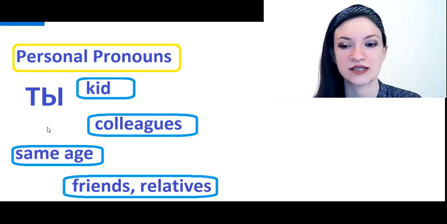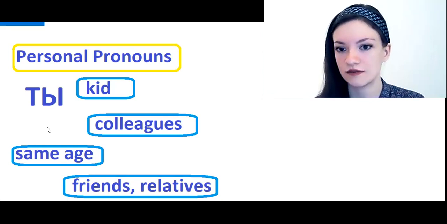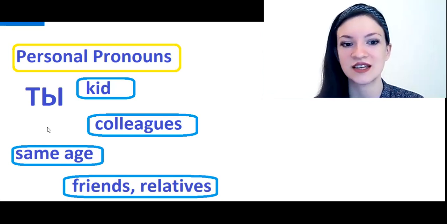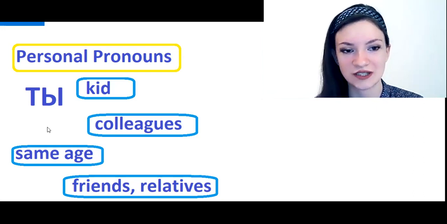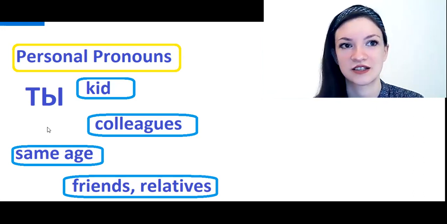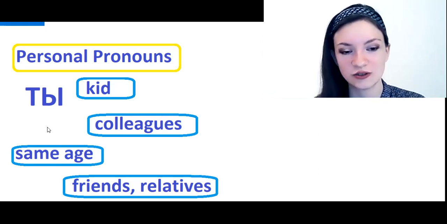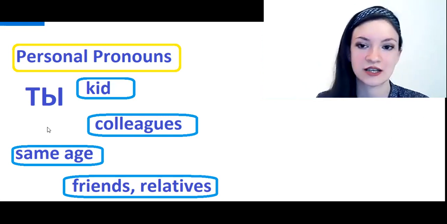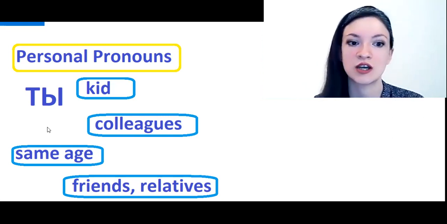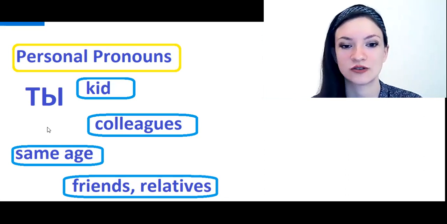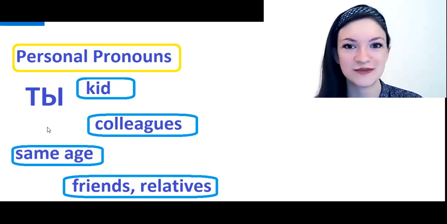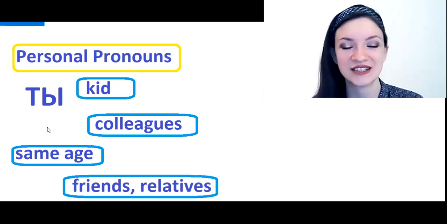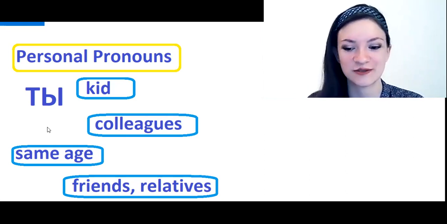I wonder how it is in your culture because I think, if I am not making a mistake, some students from Japan, and Korea, I think, told me that they say to older relatives like grandmother or mother only вы, only the polite form. So let me know how it is in your country. A very interesting fact for me.